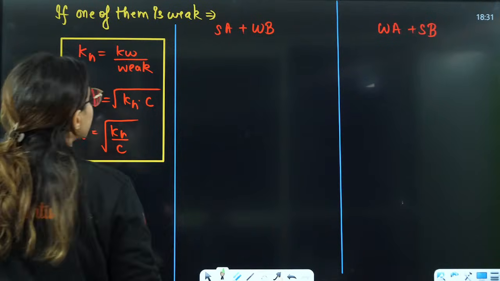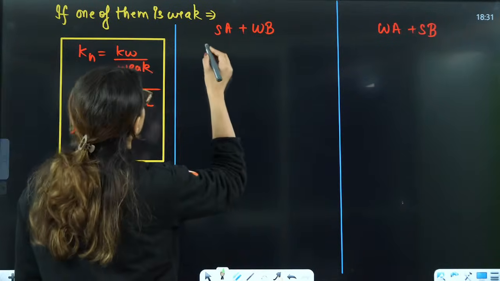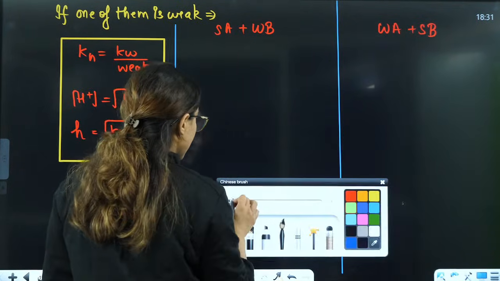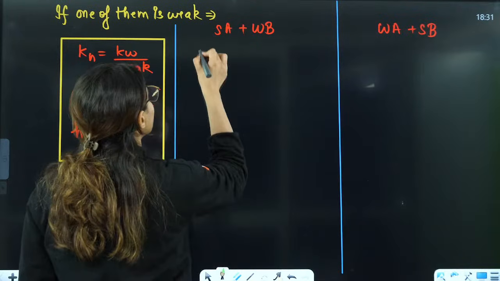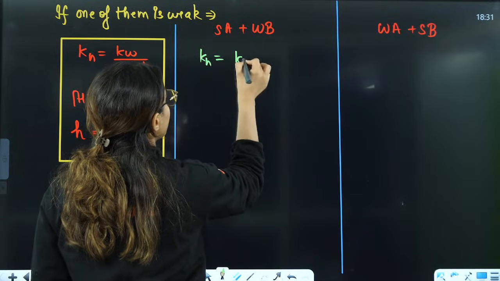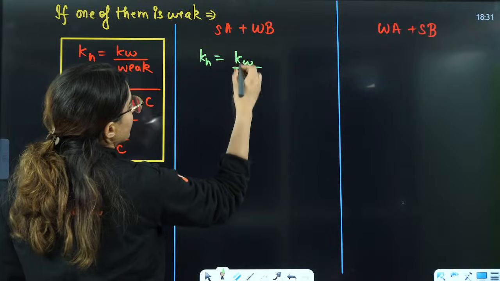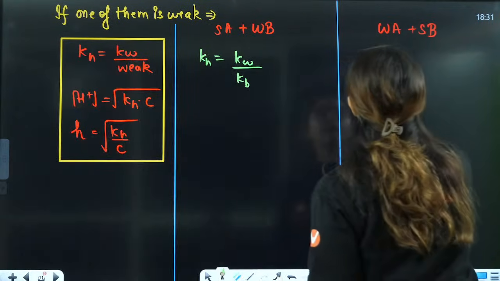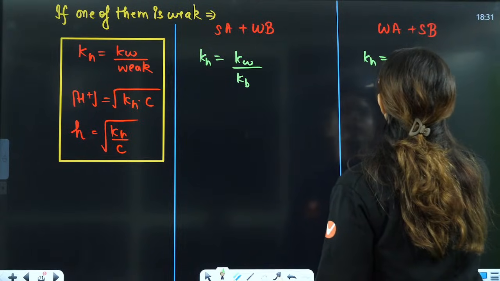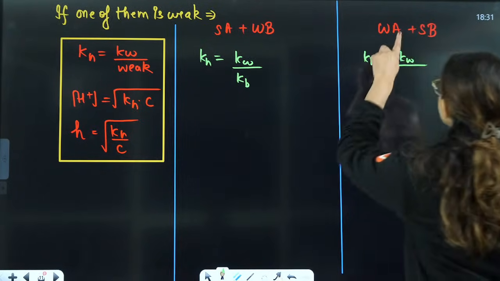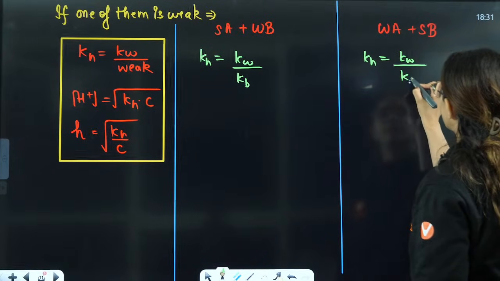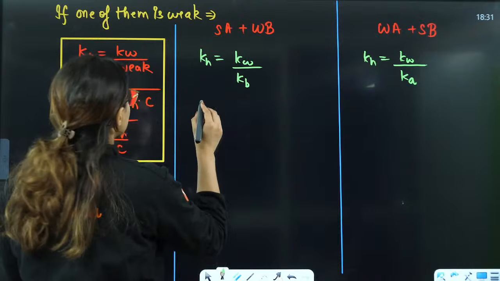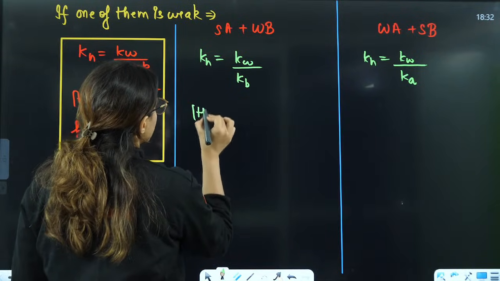So if you see this over here, Kh is going to be equal to Kw by whatever is weak. Weak is base, so it will be Kb. Here, Kh is equal to Kw by whatever is weak. Weak is acid, so it will be Ka. Then what is the value of H positive?